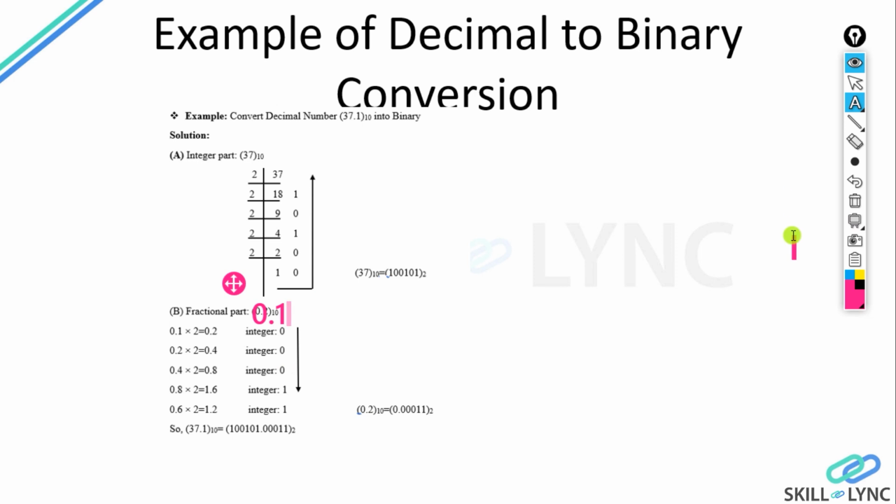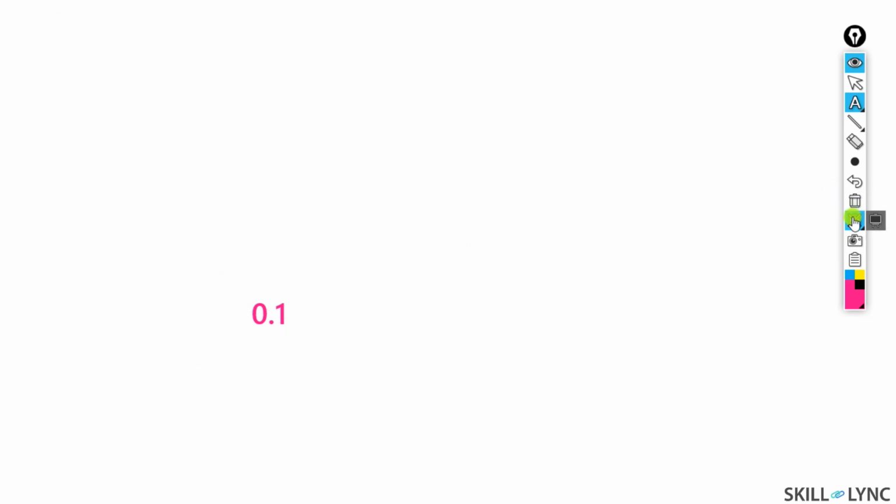This is the thing. Now let's take one more example to make it clear. For example, I have a number 25 and I want to convert it into binary. 25 is a decimal number and I want to convert it into binary. What I will do, I will start dividing by 2.